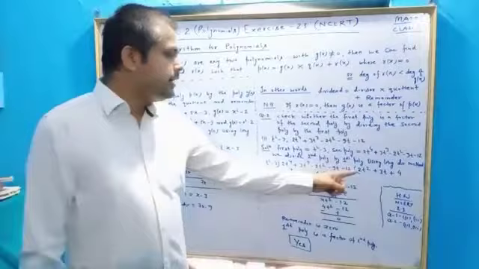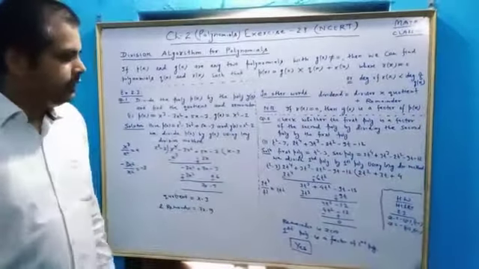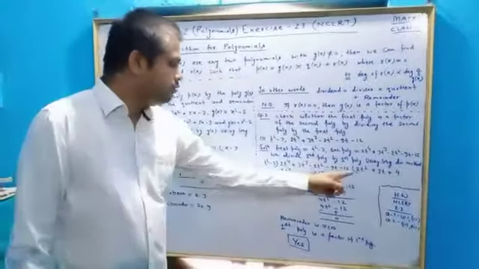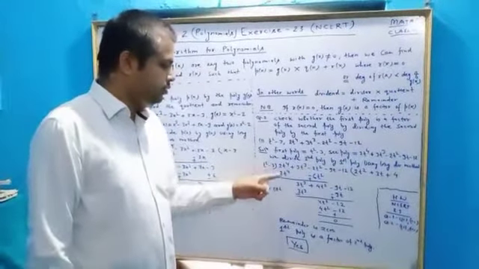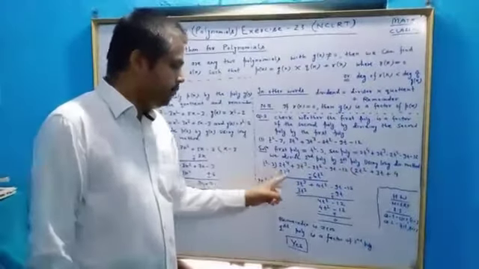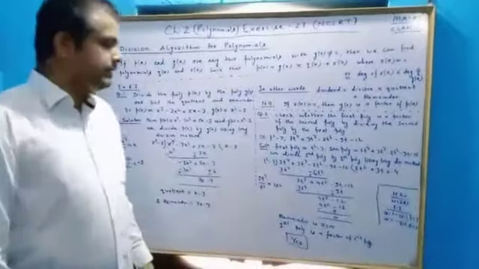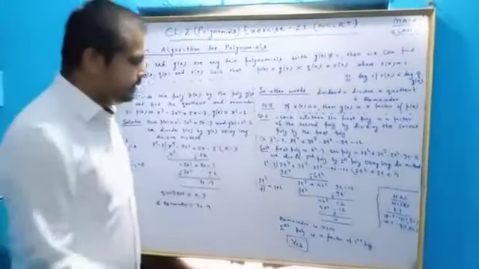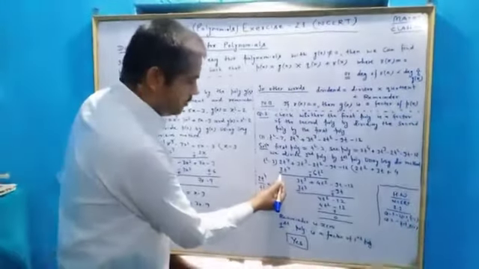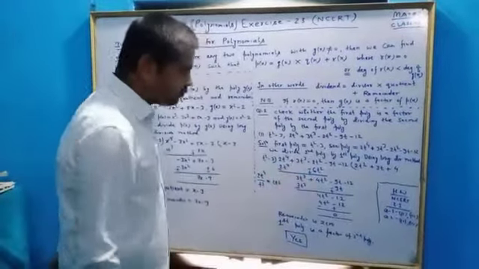Now we multiply 2t square by t square minus 3. Then what we get? 2t square into t square is 2t to the power 4, and plus into minus, 2t square into 3, that is minus 6t square. We change the sign: plus converted to minus, and minus converted to plus.